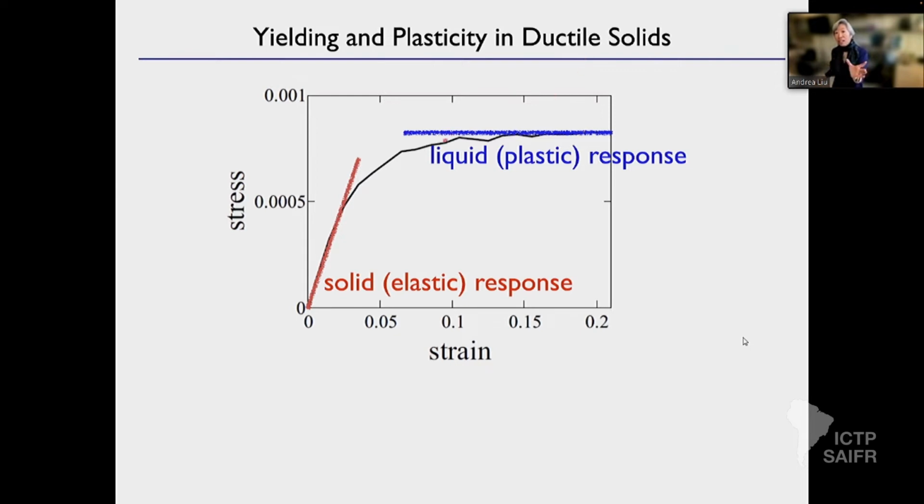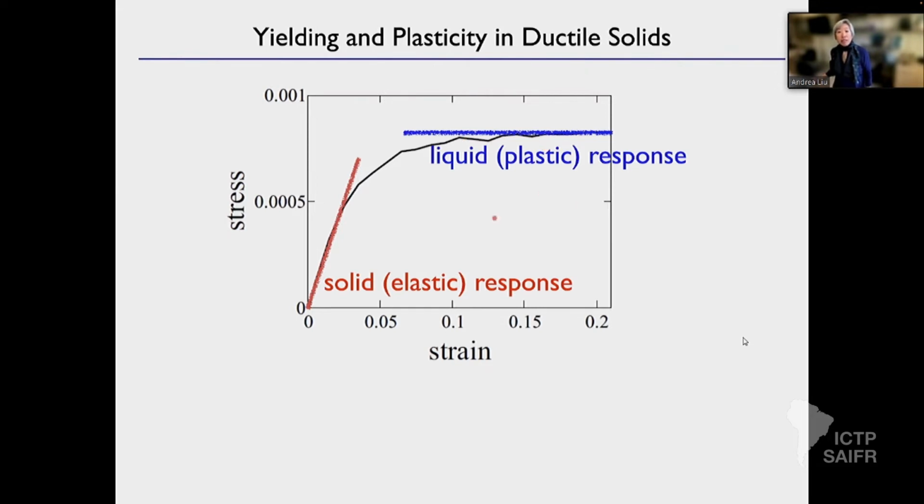A ductile solid, you can have this sort of liquid plastic response over quite a large range of strain, whereas for a brittle solid, at a very small strain, you see just fracture and failure. Okay, so what marks ductility is the strain at which this sort of liquid or plastic response fails. Okay, stops.